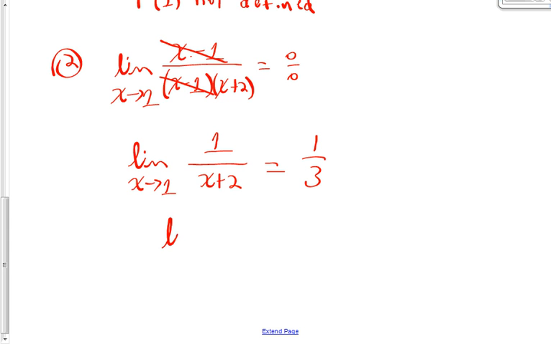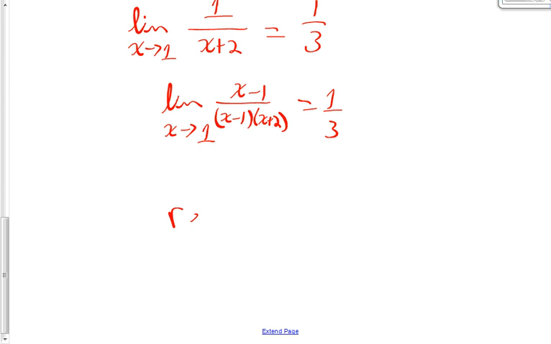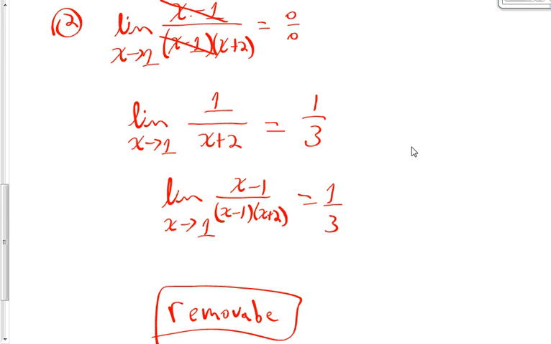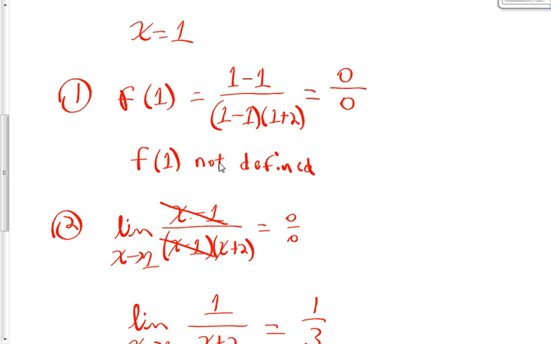So the limit as x approaches 1 of x minus 1 over x minus 1 times x plus 2 is equal to 1/3. Since it's equal to 1/3, I know this discontinuity is removable, because removable discontinuities are the ones that give us limits. We don't have to check the third criterion. We already know it's not continuous; we were just checking the limit to see if it was removable or non-removable.